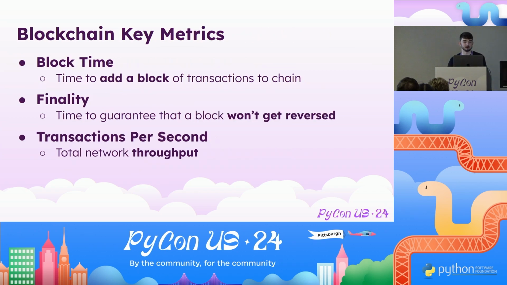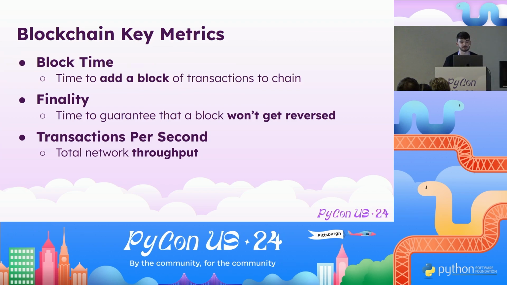Now, when we talk about blockchain, there are a couple key metrics that you as a developer want to be aware of. All right, so the first one is block time. This is pretty straightforward. It's the time it takes to add a block to the network, right? So I tell the network, hey, I want to add this block of transactions. How quickly does the network say, okay, that block has been added?